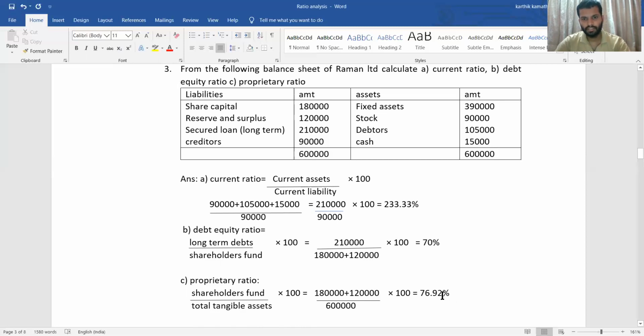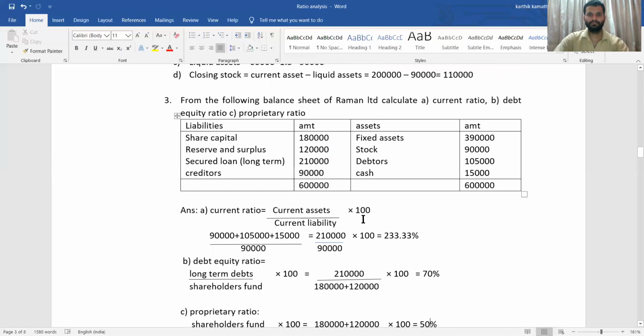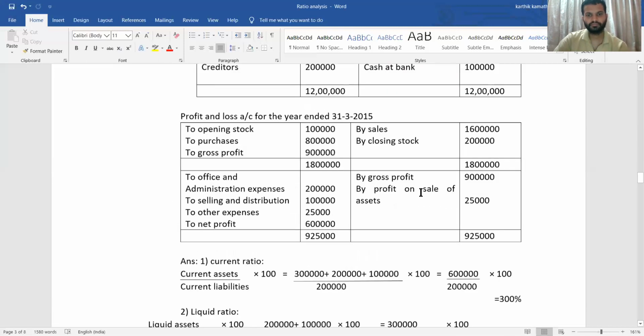So the answer here will be 50%. For third sum C, proprietary ratio, there is one correction. We have to take all the assets, fixed as well as current asset, as tangible asset.